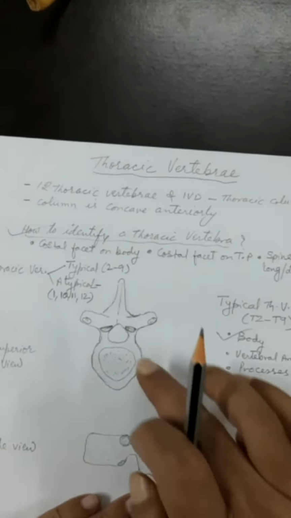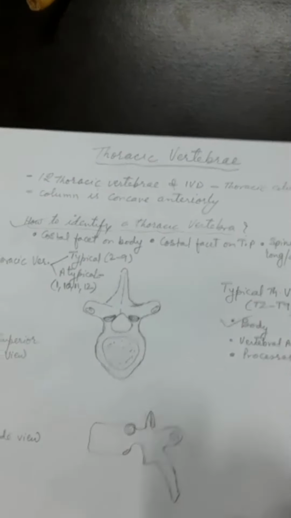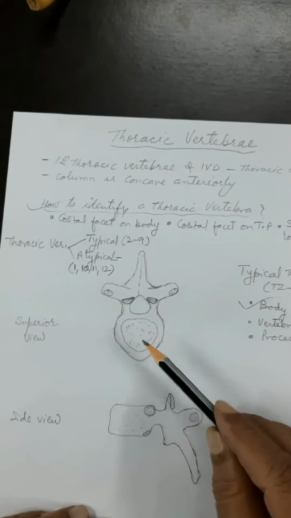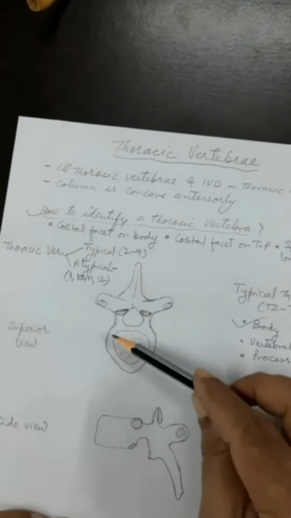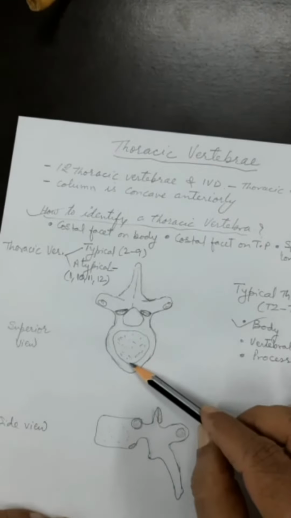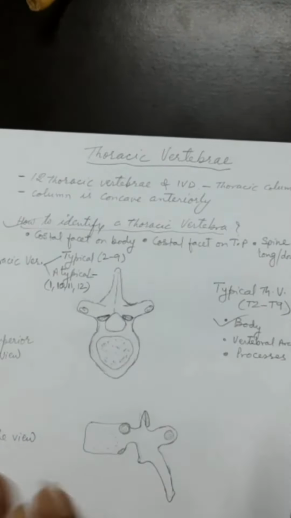When you see the body of a typical thoracic vertebra, mostly it is heart shaped. If it is from the lower series, for example the 9th, it may so happen that its body is not a typical heart shape, but cylindrical. But the body is there, either heart shaped or cylindrical.